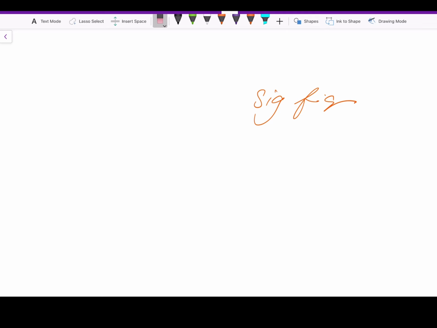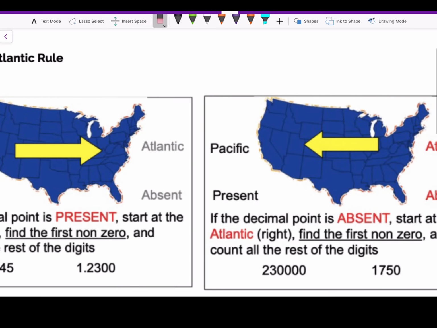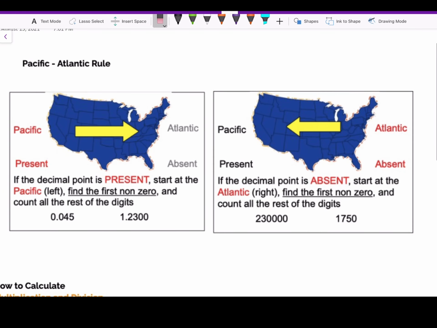In order to do this, there is a rule called the Pacific Atlantic Rule. The Pacific Atlantic Rule is based on whether or not there is a decimal present. If the decimal is present, you always start on the Pacific side. If the decimal is absent, you start on the Atlantic side. Let's go through some of these examples, and then we'll give you a chance to practice.